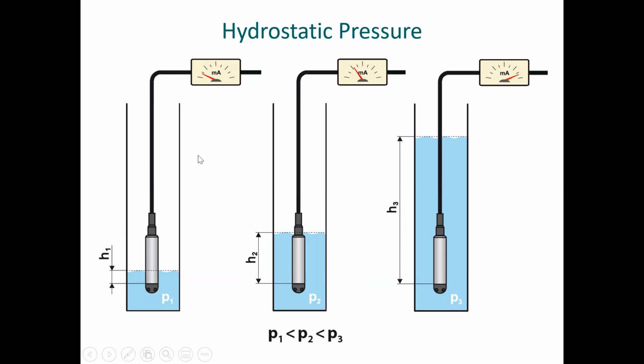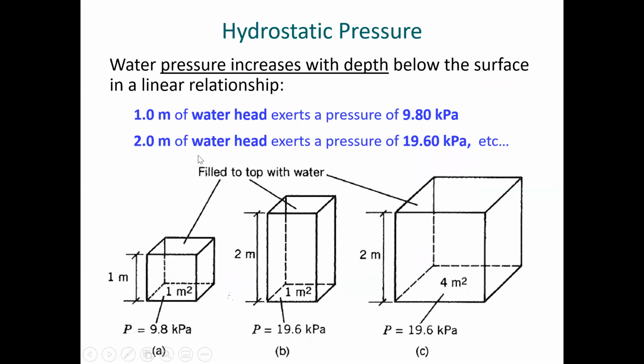So there's a formula that relates to this. And we'll get to that in a moment. But basically, the metric unit we're using is, of course, meters. And so this is the conversion here, right? 1 meter of water is a pressure of 9.8 kilopascals. Under 2 meters of water is double that, so 19.6 kilopascals, and so on.